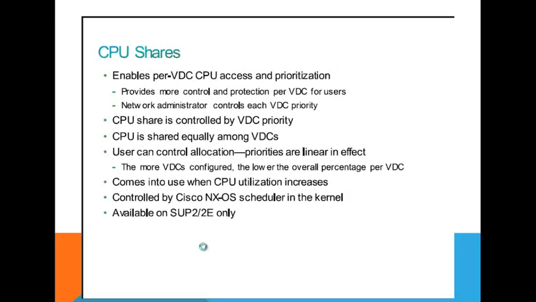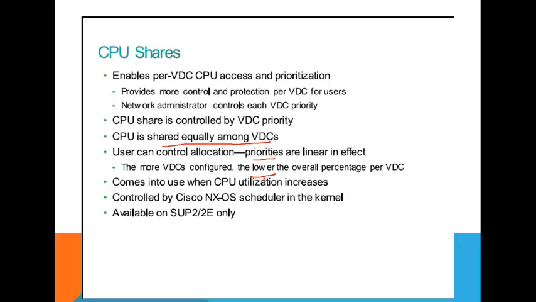Now, by default, the CPU, the processor, is equally shared among the VDCs. But we can use the priority and say this VDC I give more priority. Now, the bigger the number, the lower the priority; the lower the number, the higher the priority.